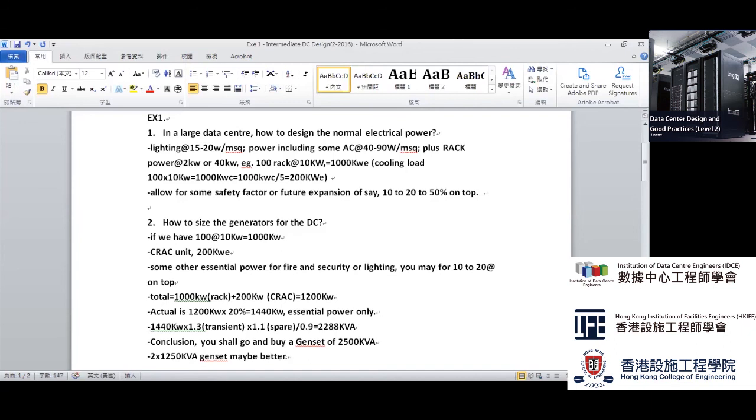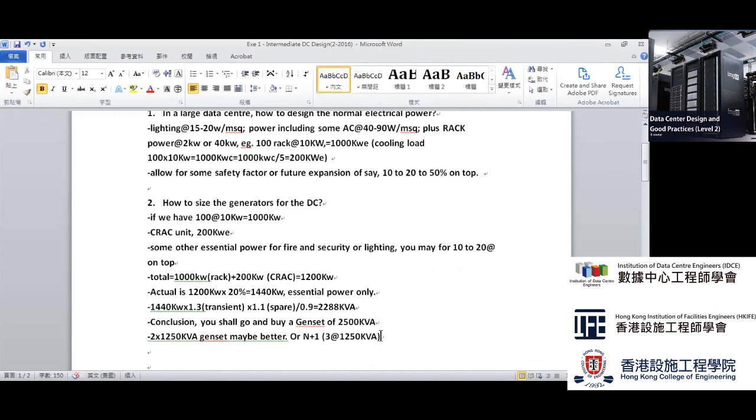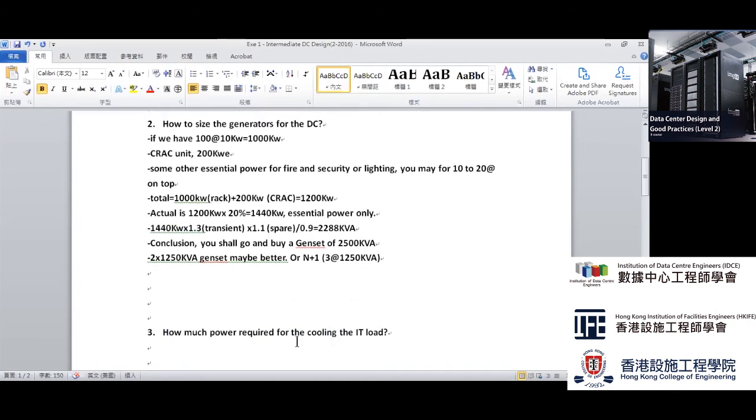Or to make it n plus 1, in this case you need 3 gensets, each 1,250 kVA. In case one breaks down, you still got the other 2 working. All right, so that should be quite simple.